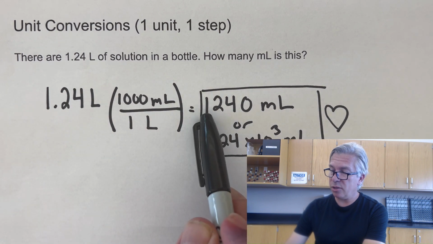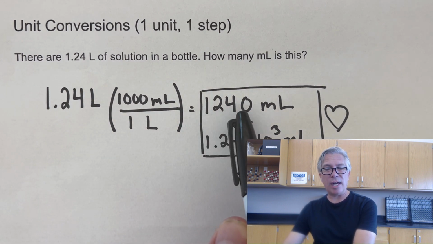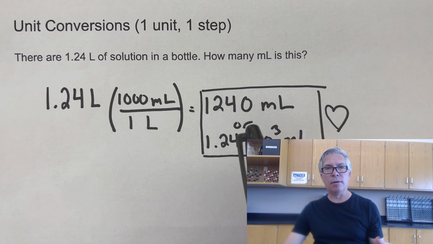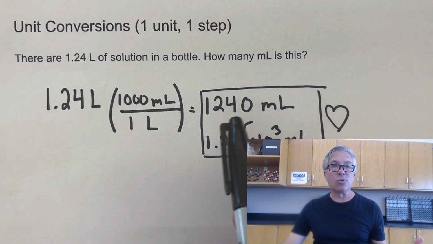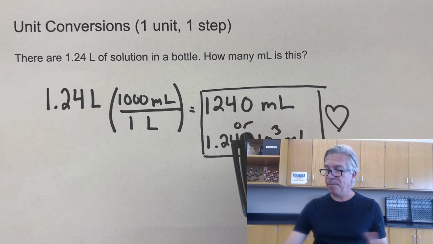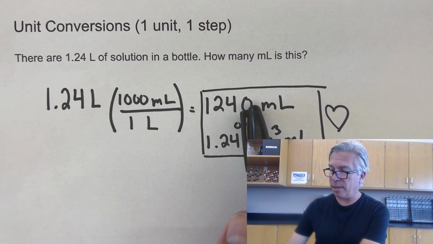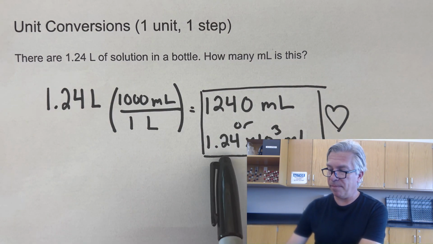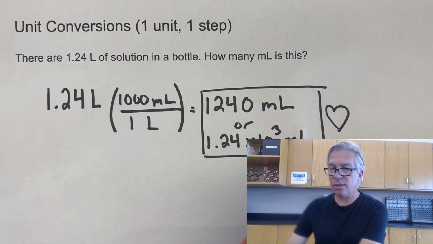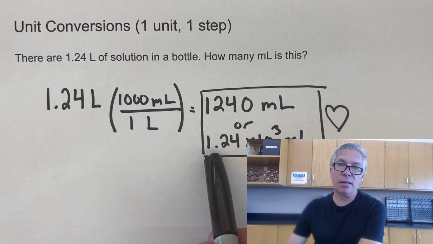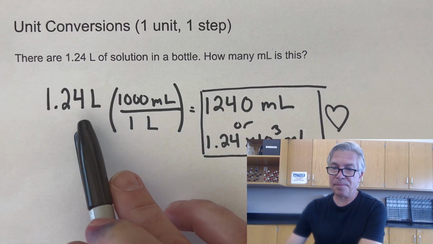I had the 1, the 2, and the 4, but it was a little bit bigger, so I had to put a 0 there. It's a placeholding 0. I didn't put a decimal point. It's fine, but it's just saying it's about 1,240 milliliters. That's all I know. But I can get rid of that problem by simply putting it in scientific notation as 1.24 times 10 to the third milliliters, and then I still end up with just the 3 digits that I started with at the beginning.